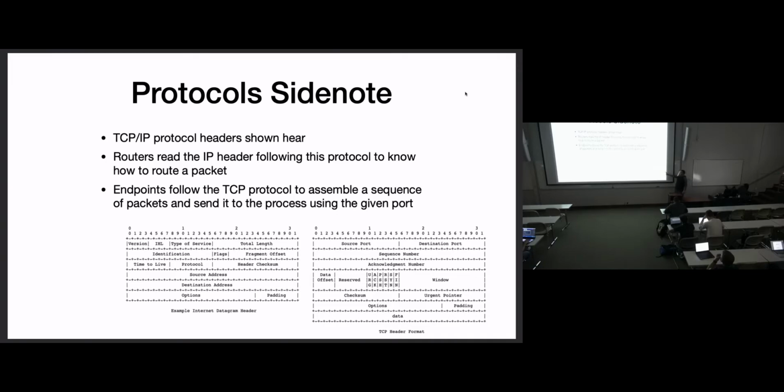So TCP is handling things like port numbers, different processes listening on different ports, and also the sequence number of packets to be able to reassemble a message. If the message that you're trying to send, whatever you're sending over the internet, is too large for a single IP packet, then TCP is going to assemble those multiple packets and get the entire message.